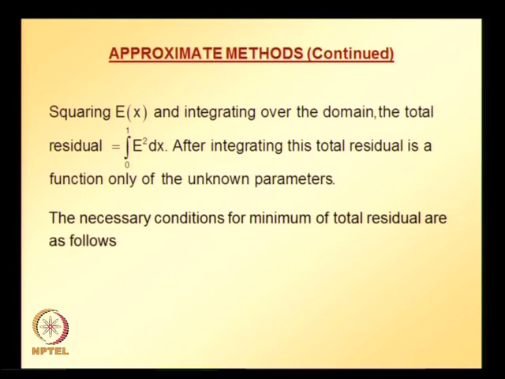Same logic we are going to use here. I want to find a2 in such a way that this total residual is minimum, and the total residual is a function of a2. So the necessary condition is that the partial derivative of the total residual with respect to the unknown parameter is equal to 0.